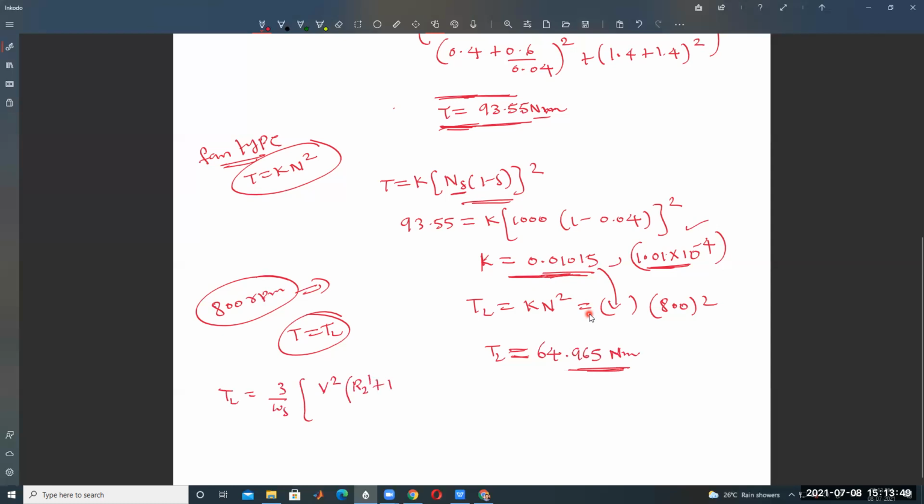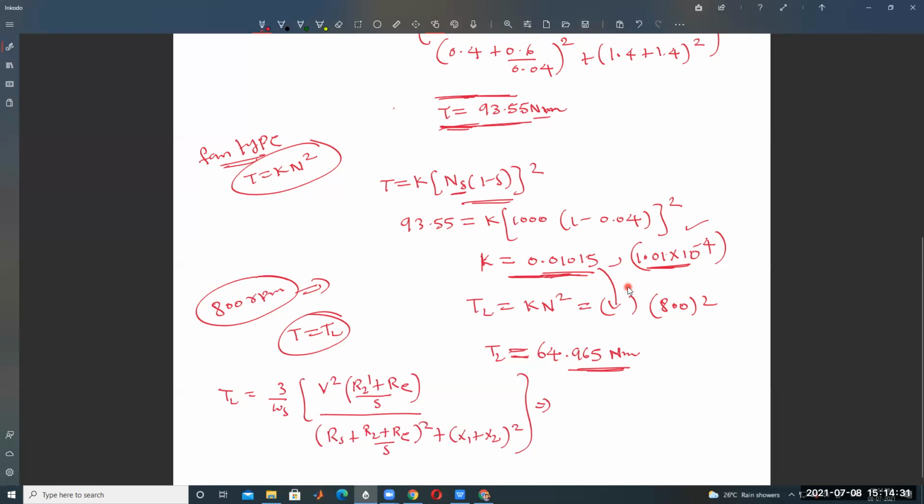R2 dash plus R external divided by S, plus stator resistance R1, whole squared, plus X1 plus X2 whole squared. Substitute these values. 64.965 is equal to 3 divided by omega s 104.